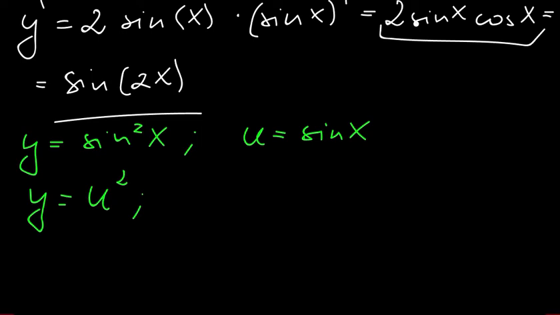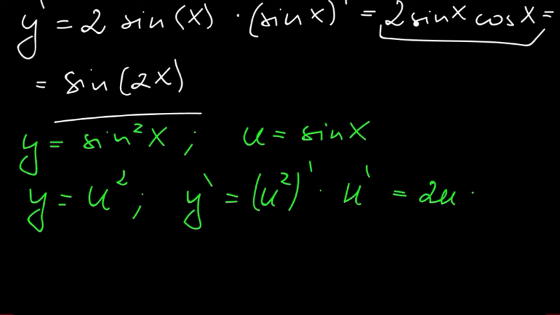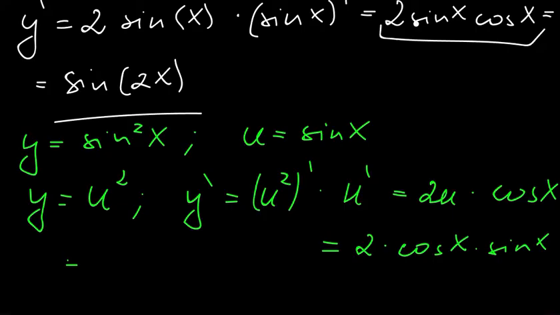So the derivative of that function is the derivative of u squared times the derivative of u, and this will give us 2 times u times the derivative of u, and u is sine of x, so the derivative will be cosine of x. We place the u value here, and we get 2 times cosine of x times sine of x. And we could write our answer in the same manner if we like. I hope the first or other way was clear to you.